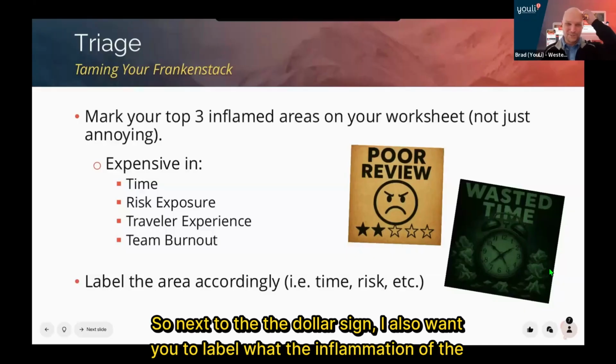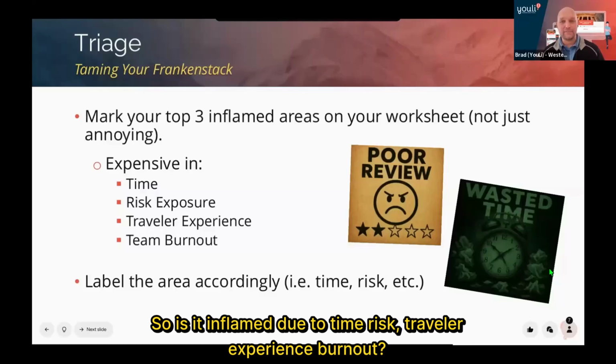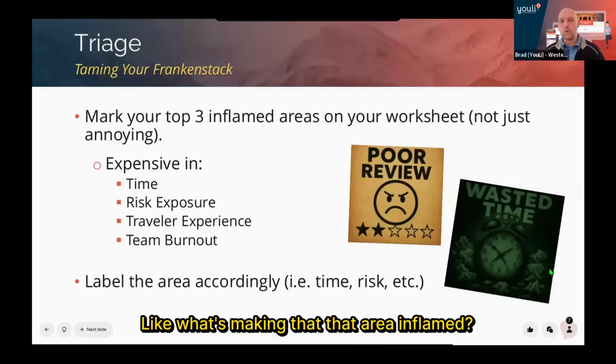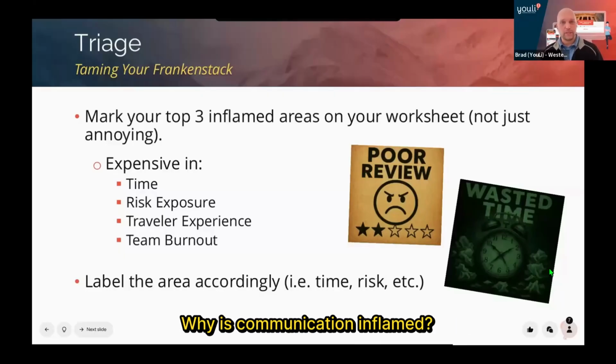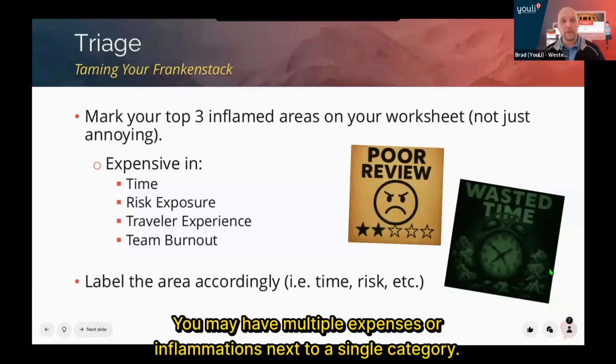So next to the dollar sign, I also want you to label what the appropriate inflammation is. So is it inflamed due to time, risk, traveler experience, burnout? What's making that area inflamed? Why is communication inflamed? And why is it expensive? You may have multiple expenses or inflammations next to a single category.